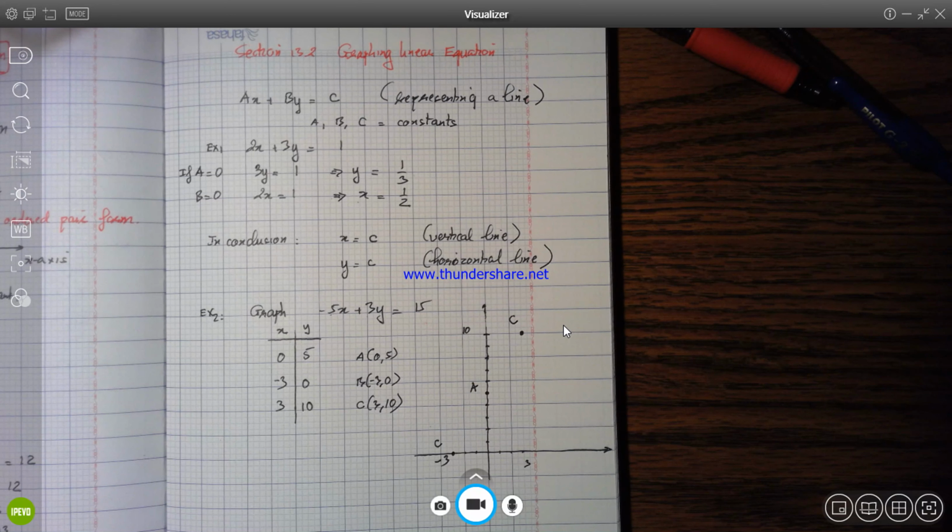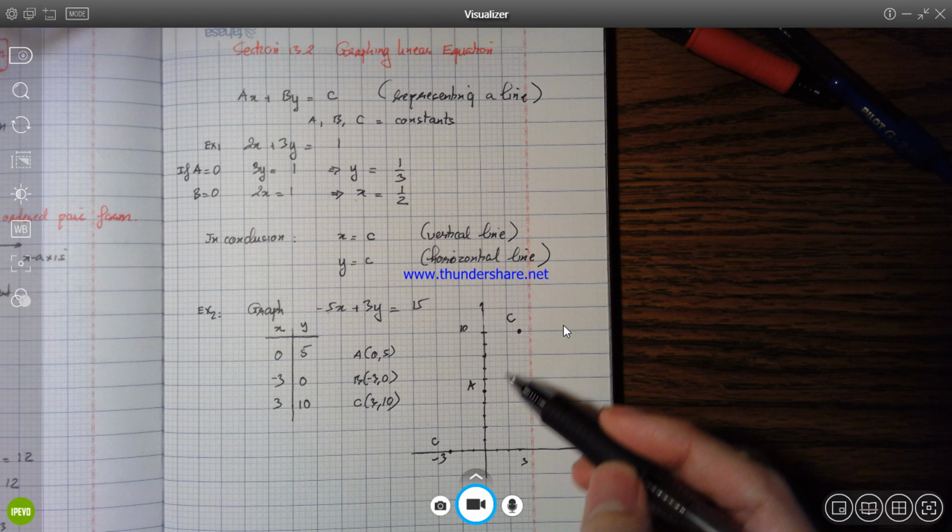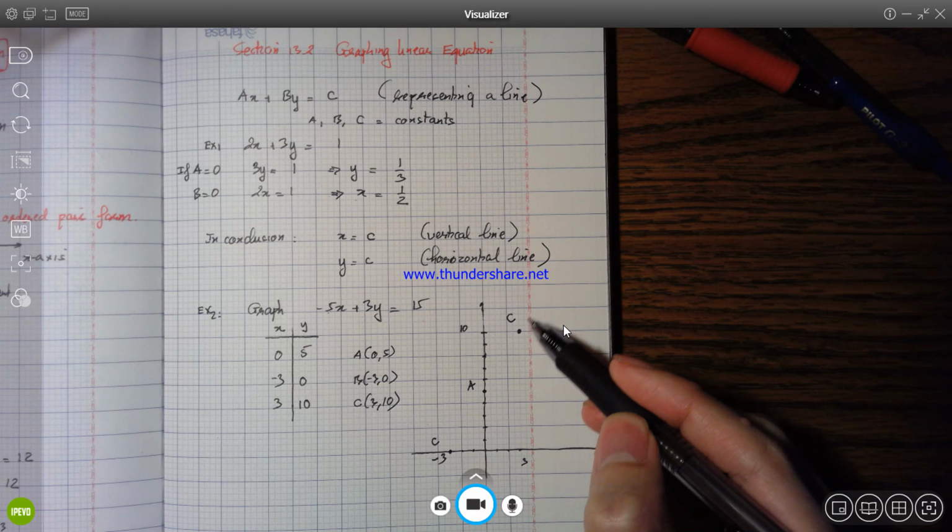I should have my ruler over here, but I couldn't find it anymore. But anyway, I guess I have to connect them together manually.